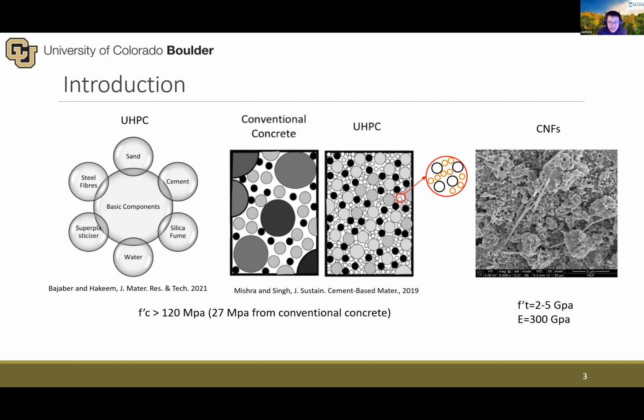On the other side, carbon nanofibers have extraordinary tensile strength and a fantastic elastic modulus. From the macro mechanics point of view, composites of UHPC and carbon nanofibers can help develop a super strong material if good dispersion of the carbon nanofibers can be achieved.